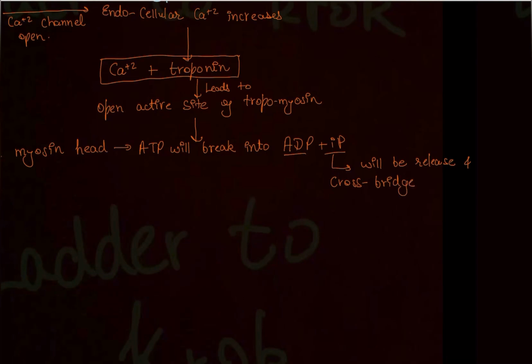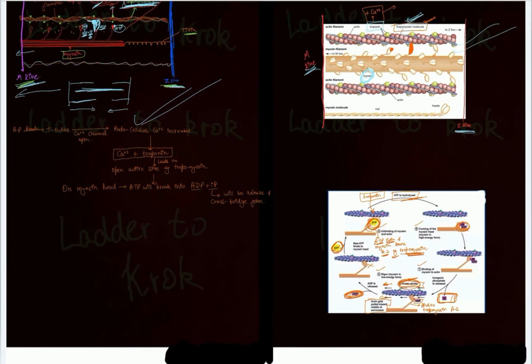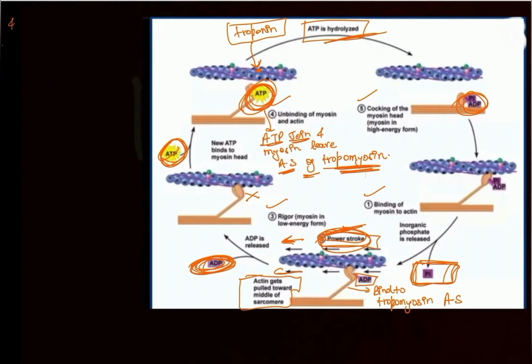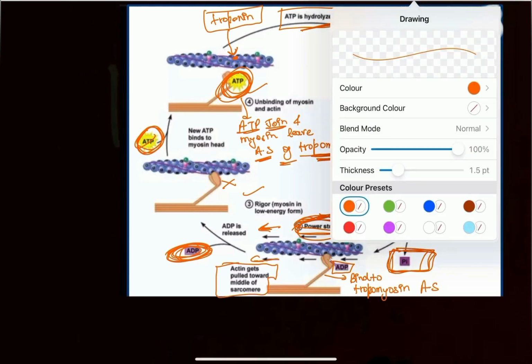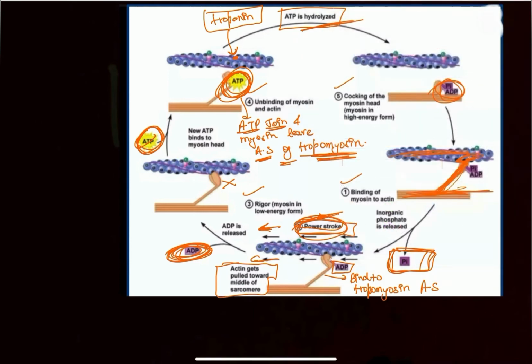And a cross bridge forms. What is a cross bridge? I think I forgot to tell you. When the myosin head joins the thin filament and thick filament together, that is known as cross bridge formation.